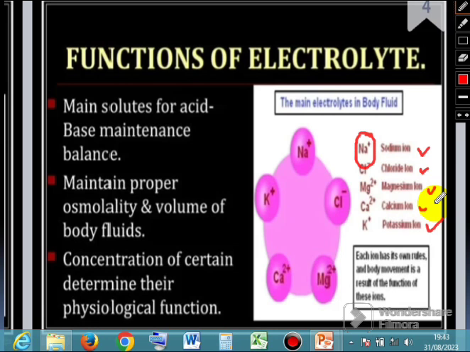Remember that sodium ion can also cause contraction or depolarization of muscles. But in the heart, what initiates depolarization is the influx of sodium ions.